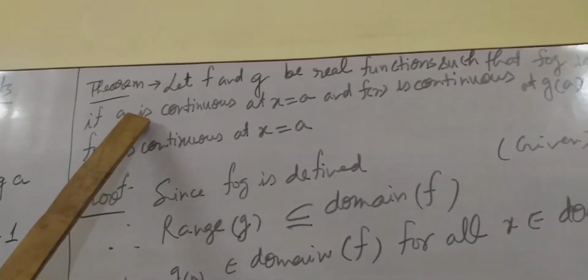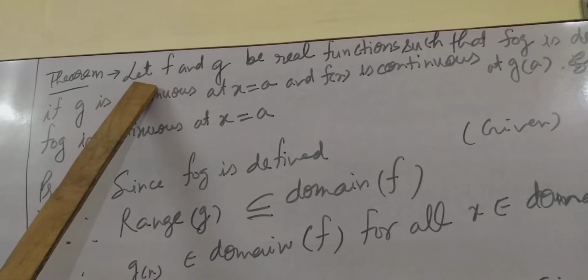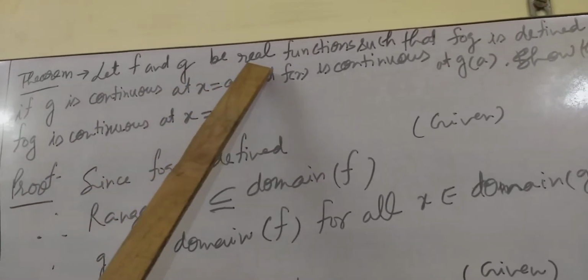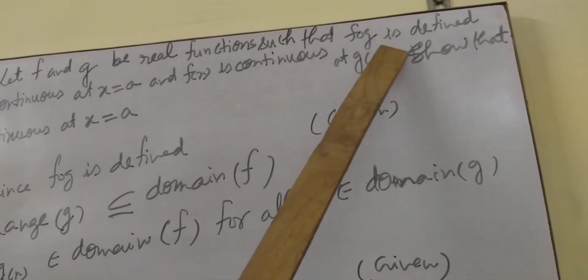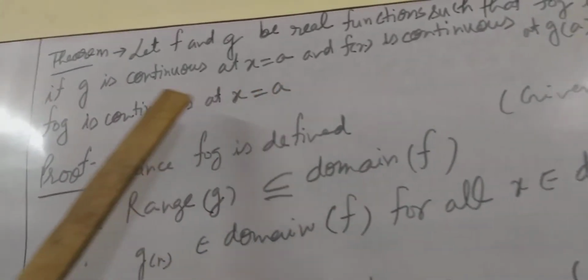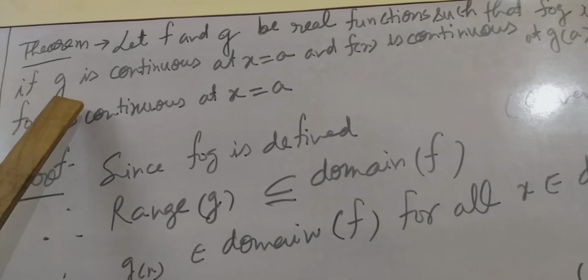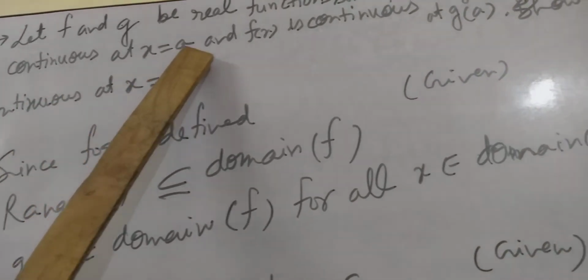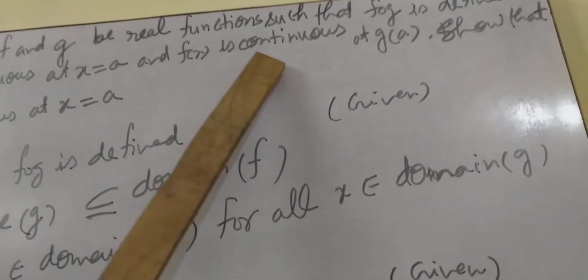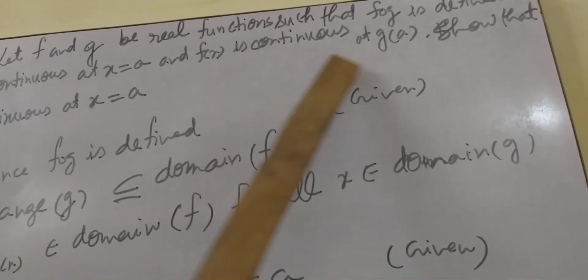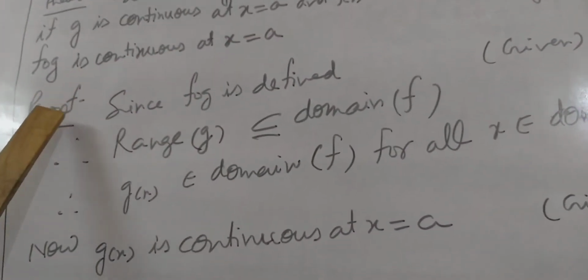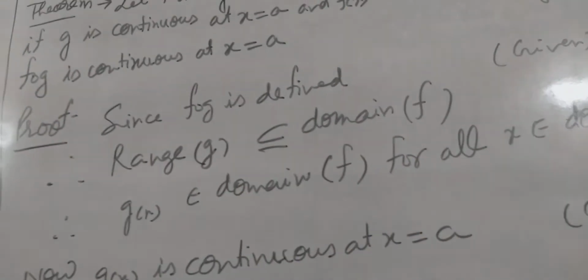First theorem: let f and g be real functions such that fog is defined. If g is continuous at x equal to a, and f is continuous at g(a), show that fog is continuous at x equal to a.